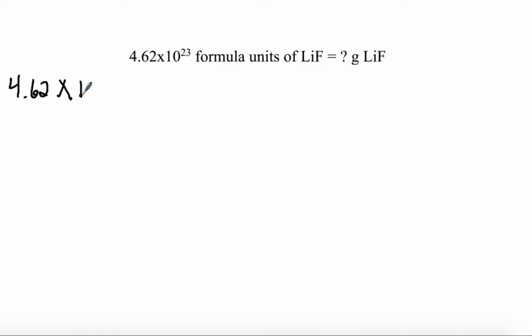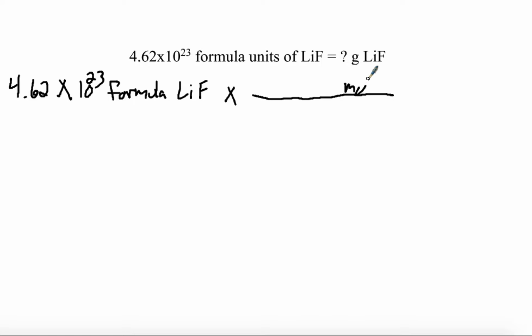So 4.62 times 10 to the 23 formula units. I'm just going to write formula here to condense this a bit, of LiF, times, we want moles of LiF, and I have formula units of LiF.